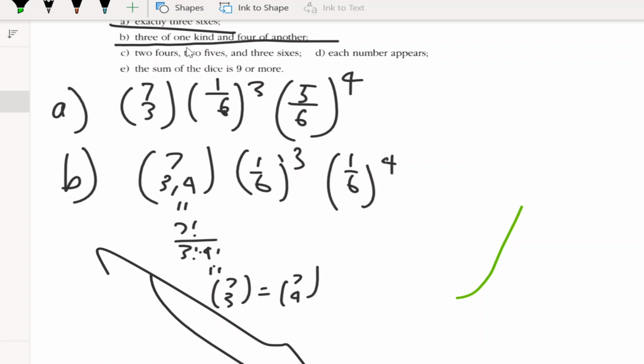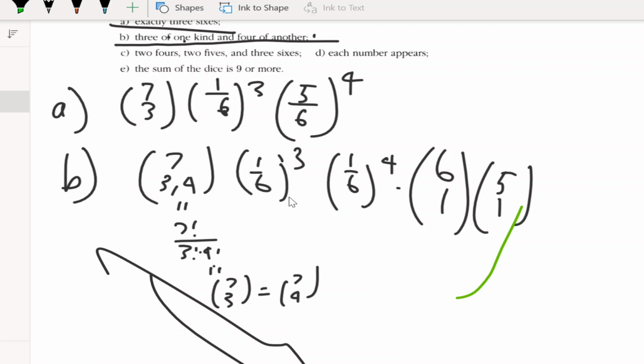However, we're not done. They don't say like 3 6s and 4 5s, right? They just said 3 of one kind and 4 of another. So that means we have to account for all the different ways you can get this. I think the best way to go about doing that is multiplying by our rank factor, which will be 6 choose 1 and 5 choose 1, because you're picking 1 out of the 6 numbers, and then you're picking 1 out of the 5 numbers.